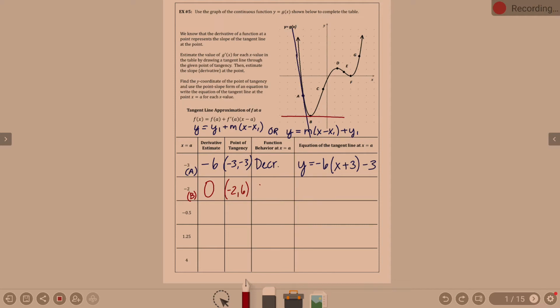What's the function behavior? That derivative, or the tangent line, is constant. What's the equation of this tangent line? y equals -6 is what it ends up being, yes? Because your zero slope times those parentheses knocks it all out, so y equals -6.